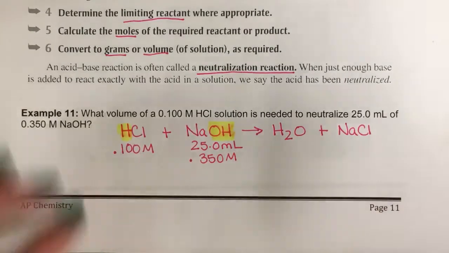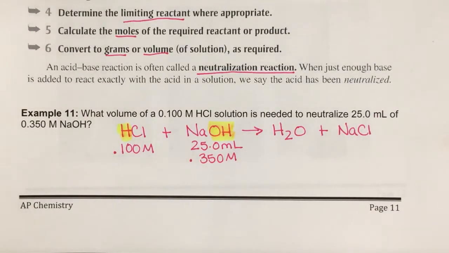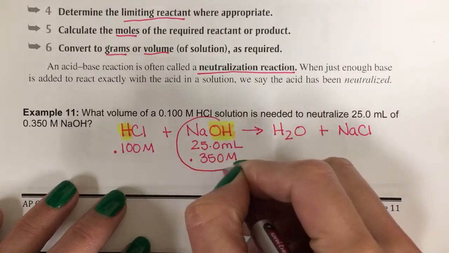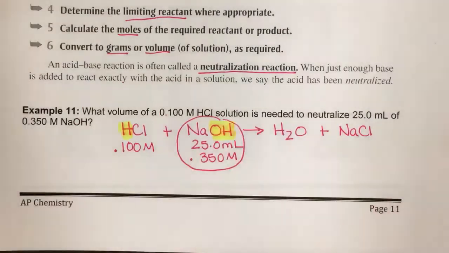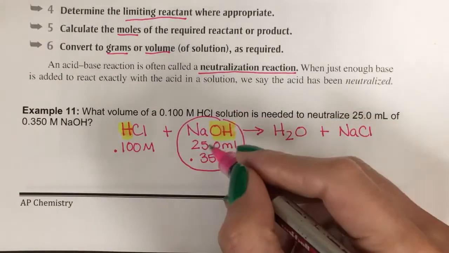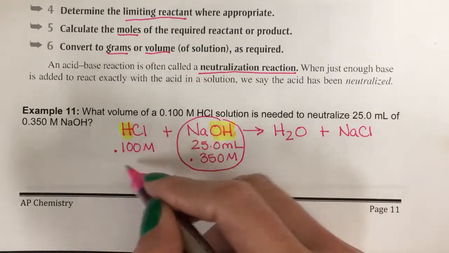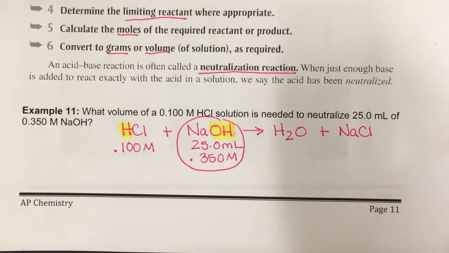Okay? Now, whenever I'm working with a problem, whichever one I have more information about, that's the one I'm starting with. Okay? So they tell me a lot more information. I know how much and the concentration. Here, I just know the concentration. Okay?